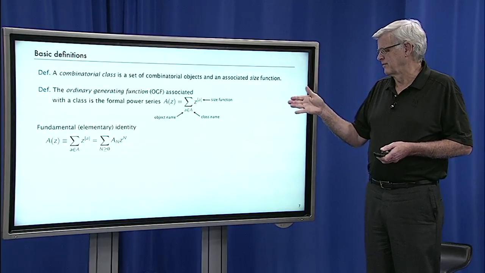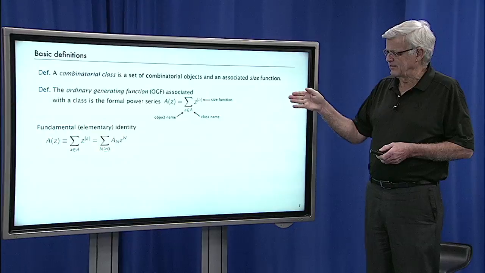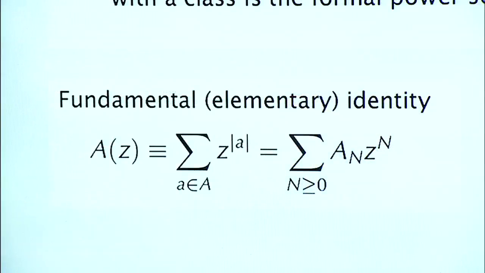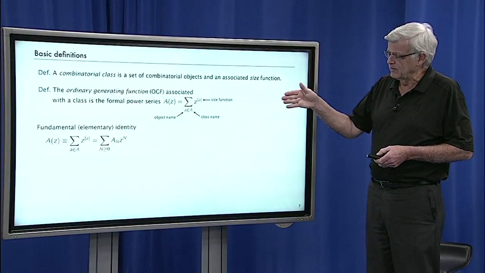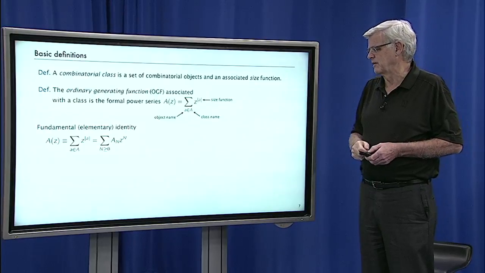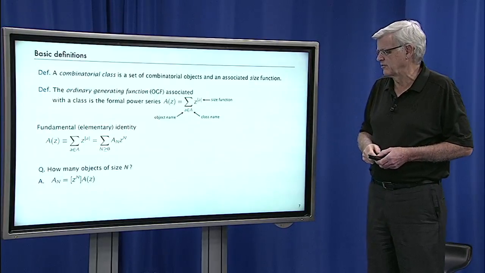Because if there's a sub n objects of size n, then there's a sub n terms on that left-hand side, one for each object of size n, and you collect them together, you get a sub n z to the n. And that's the fundamental identity that we're going to work with. And our goal is to find good estimates of this value a sub n.